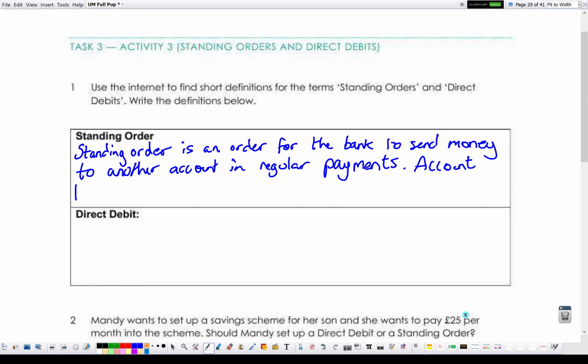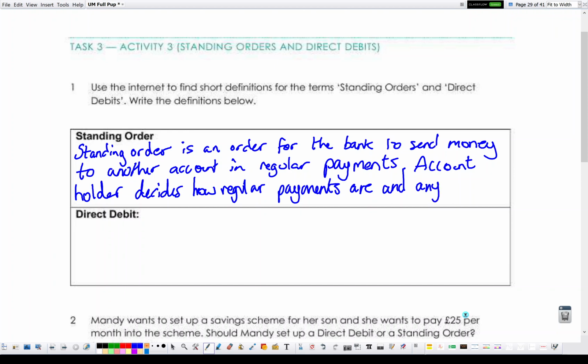So the account holder decides how regular the payments are and any changes. Okay, so basically a standing order is just set.